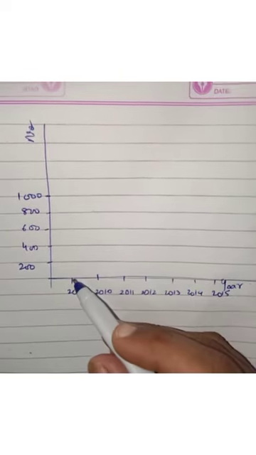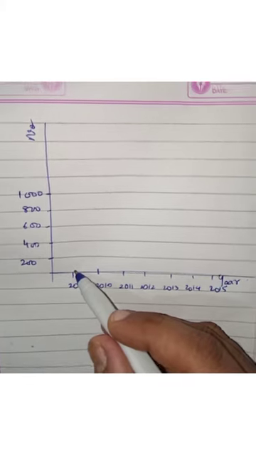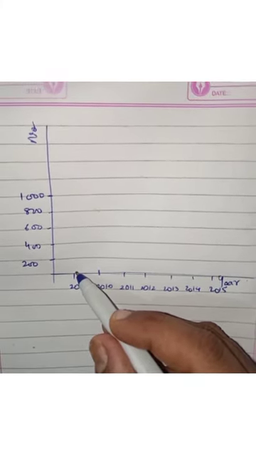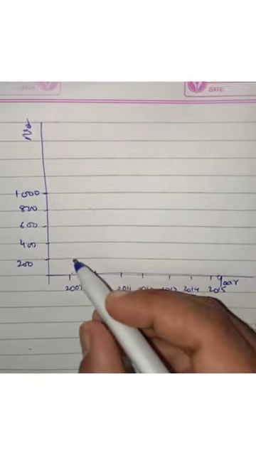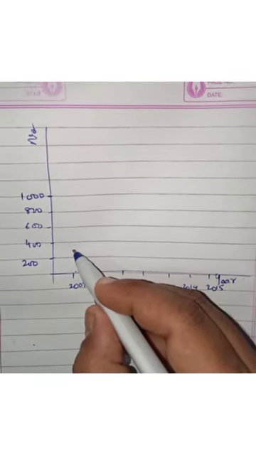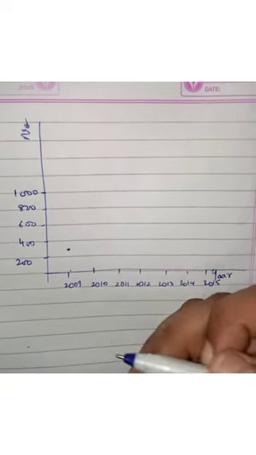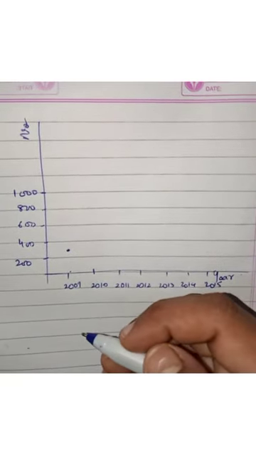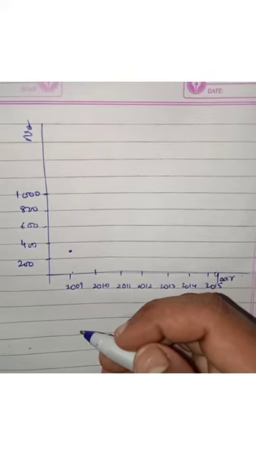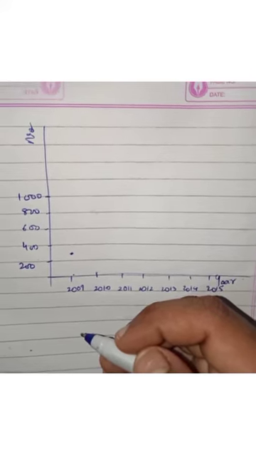In 2009, the number of tourists we had is 300, somewhere between 200 and 400. Put a dot there. This is my actual value because this was given to me.